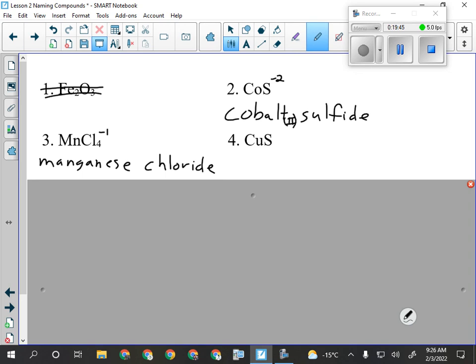So how many negative charges do I have here? I've got 4 negative charges. That means I've got to get 4 positive charges out of 1 manganese atom. So what's the charge on that atom? Is it one of the possible charges for manganese? Okay, so manganese IV chloride.